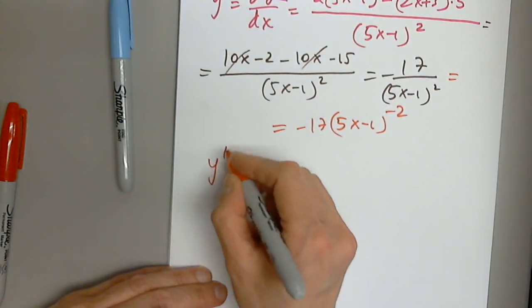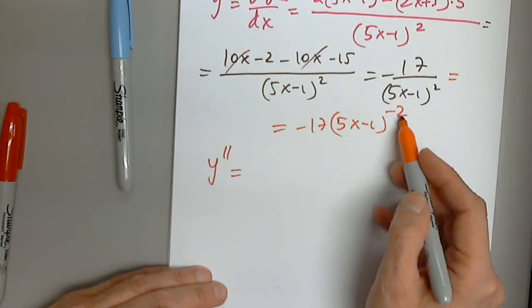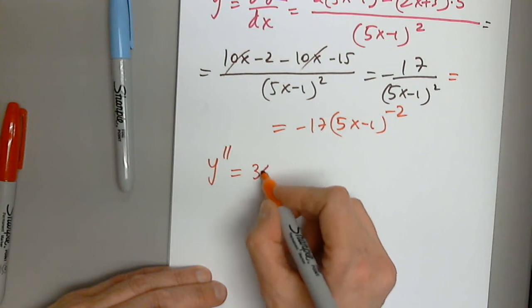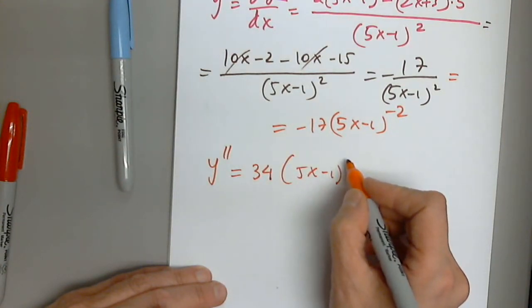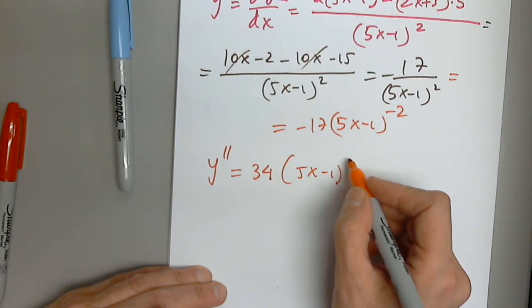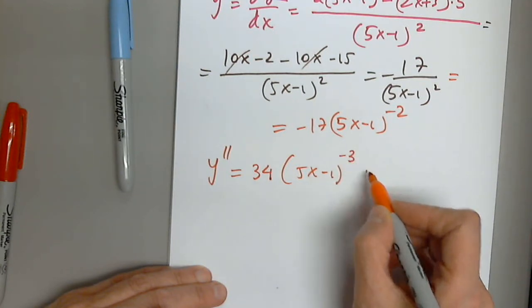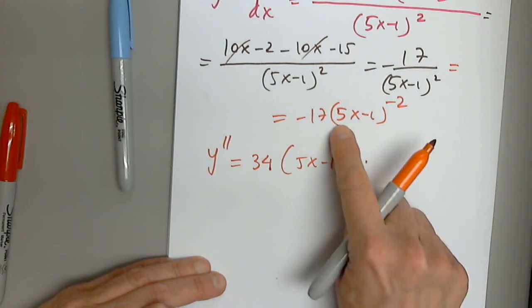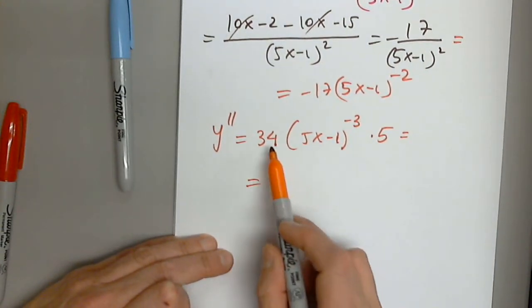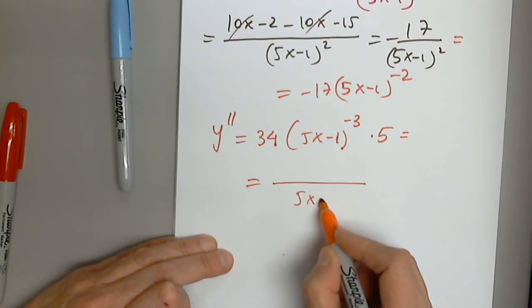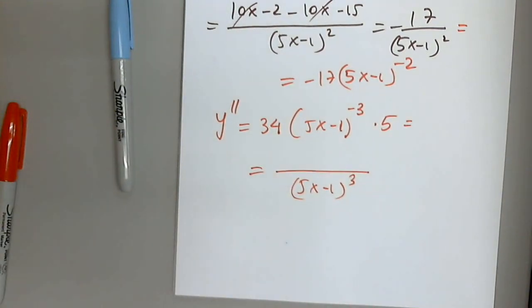And now when I differentiate the second time, I have negative 2 times negative 17, which is 34, times 5x minus 1 to the negative 3, very good, times the inner function prime. How much? That's it. Now I can go back, multiply those two, and bring back 5x minus 1 to the third power. 5 times 34 is 170, right?